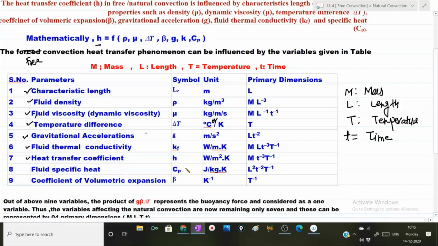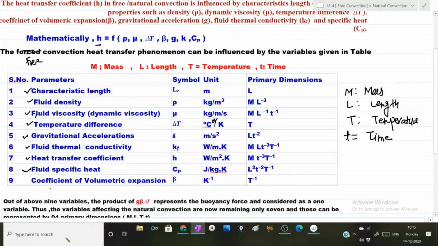Heat transfer coefficient h, watt per meter square Kelvin, M t minus 3 capital T minus 1. Fluid specific heat Cp, its unit is joule per kg per Kelvin, and its primary dimensions are L square t minus 2 capital T minus 1.